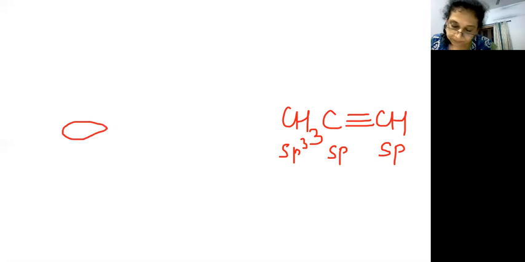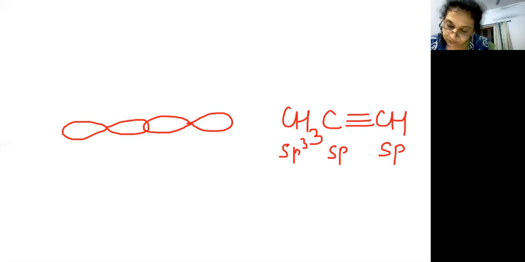Okay. So here, CH3 we said was sp3, C we said was sp, this carbon was also sp. Fine. So let us first make the sp carbon, the other sp carbon, and then the hydrogen. And now to this sp carbon, there is a tetrahedral carbon attached. Let me make that.